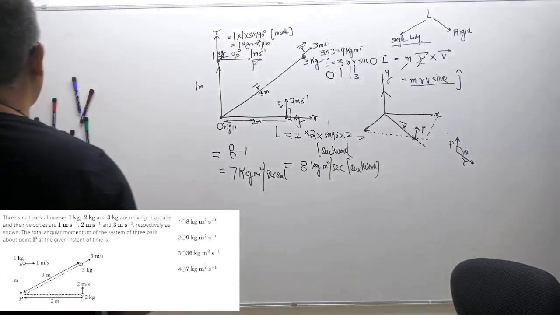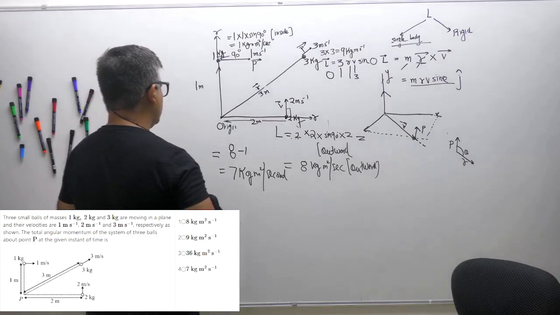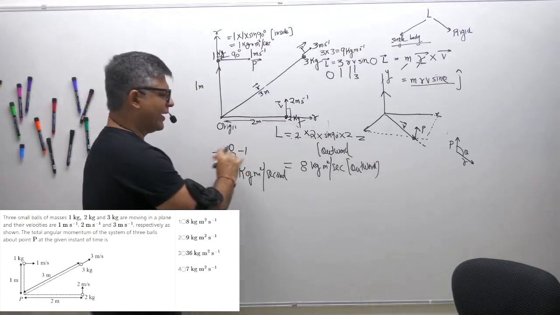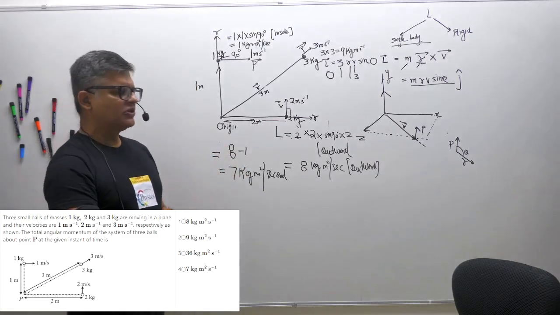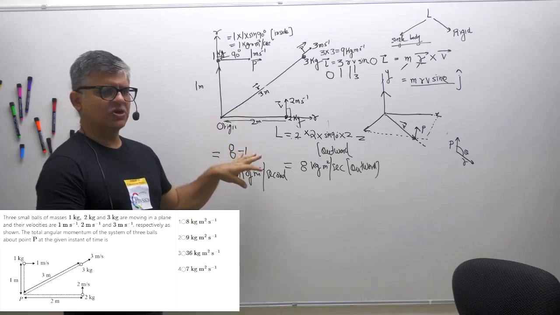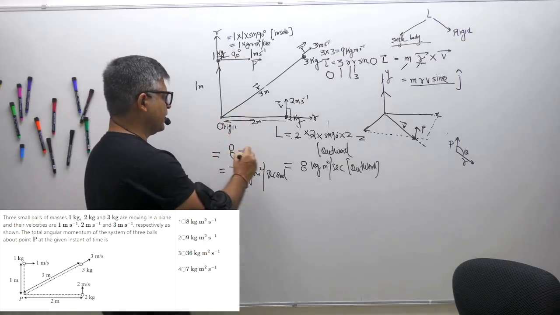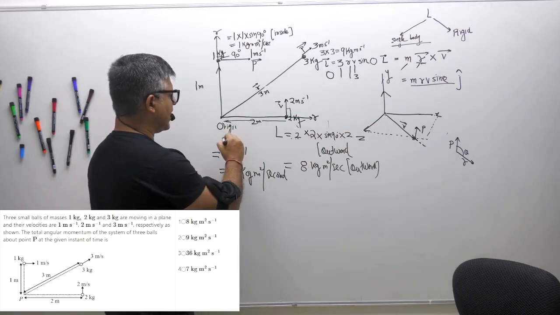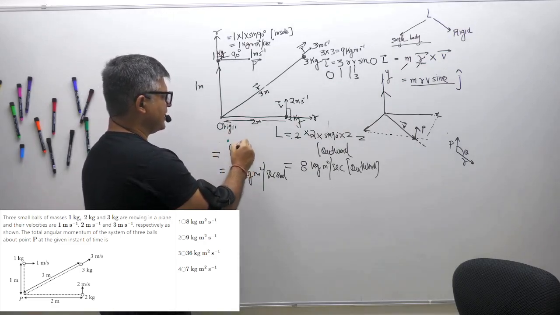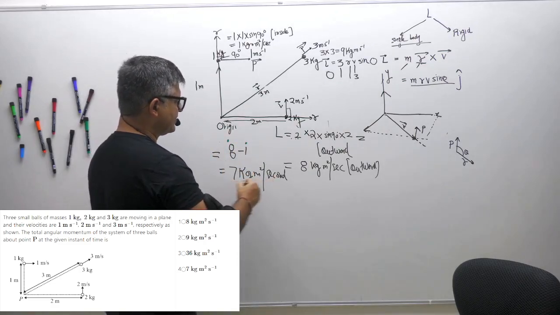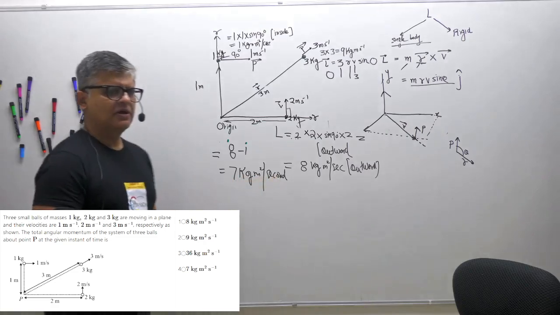We know the individual angular momentums. What we do now is the vector sum. 8 is outward and 1 is inward. The net angular momentum is 7 kilogram meter square per second.